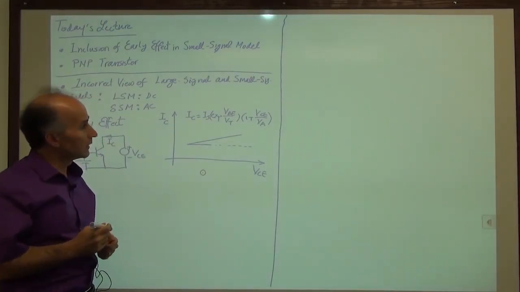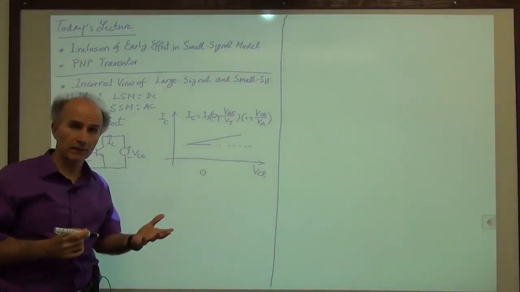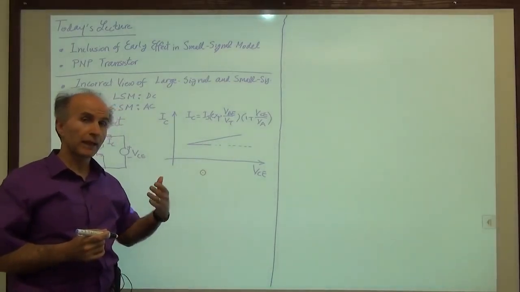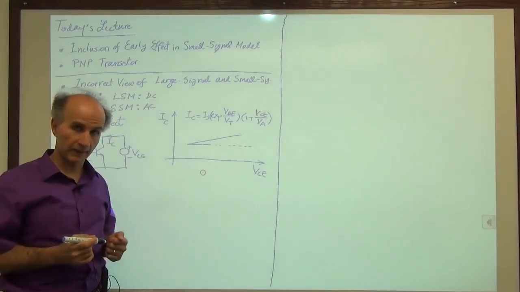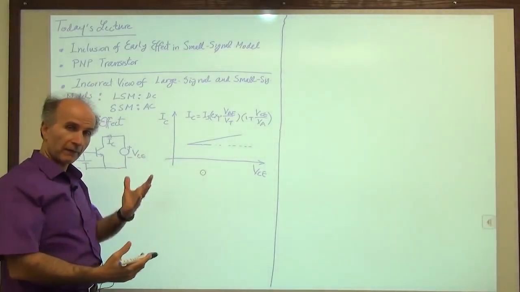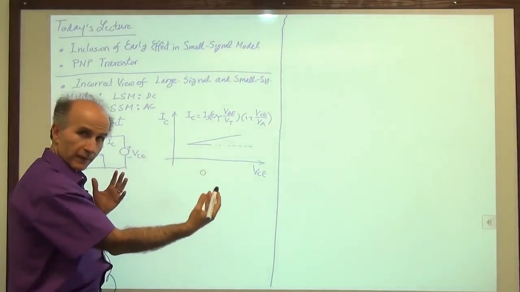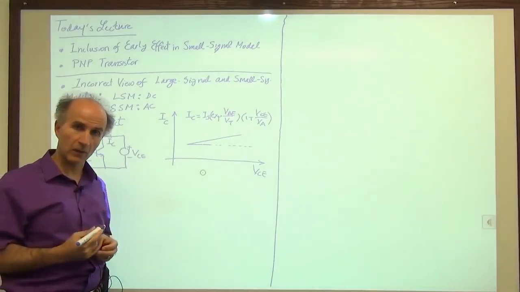Okay, so now we have to have a more rigorous and methodical approach to calculating the small signal model of a device. What we did in the past was, well, we have a circuit for bias calculations, then we have a circuit for the signal calculation, and these are separated, and we came up with the small signal model.